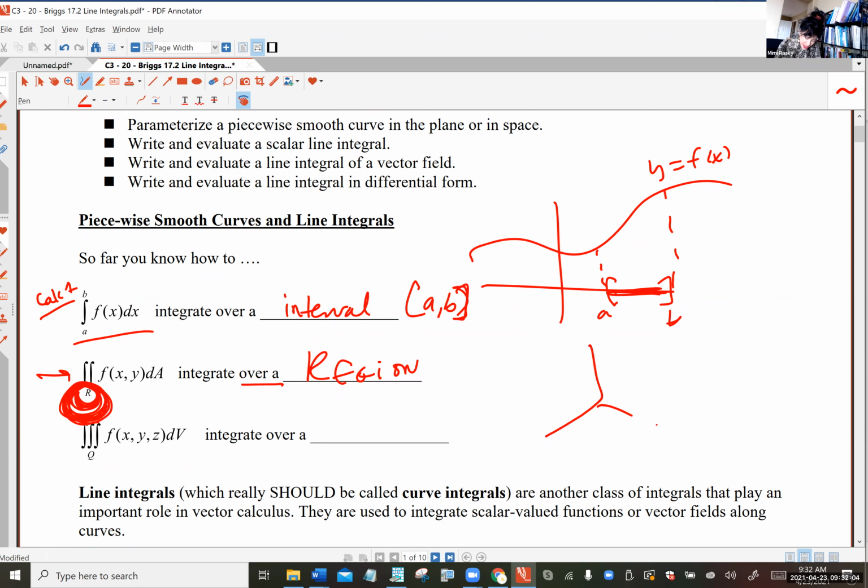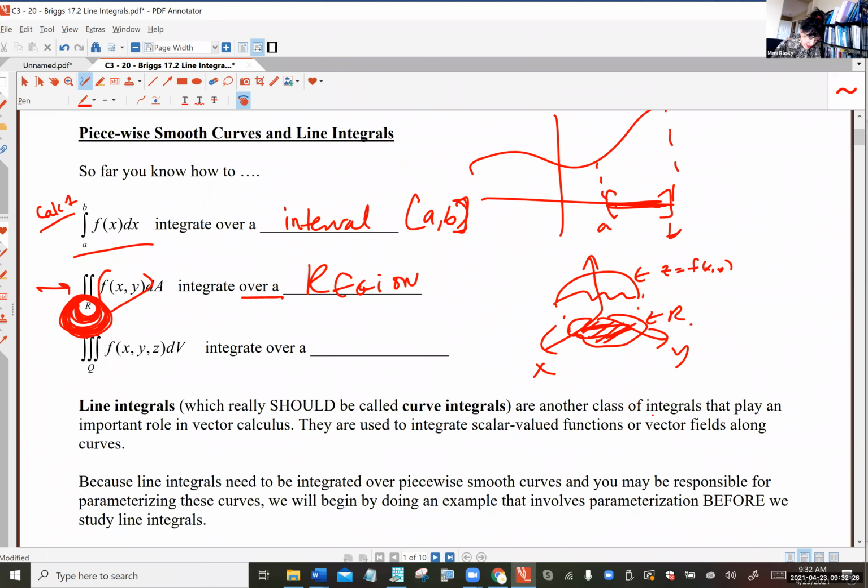So what you're doing when you're doing a double integral is, f might be some sort of capping surface, z equals f(x,y), say, hovering over some region R in the xy plane, and you're integrating over the region. Then the next step that's also going to be on your exam on Monday, triple integrals.